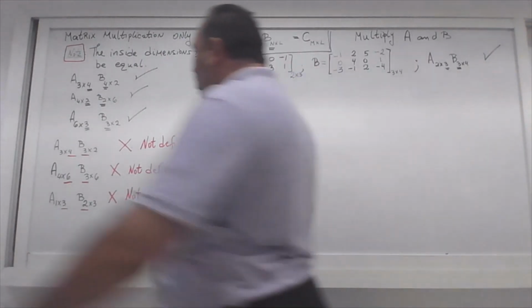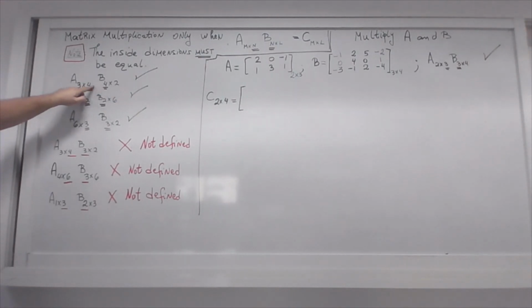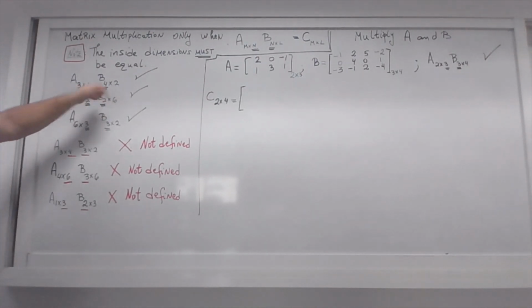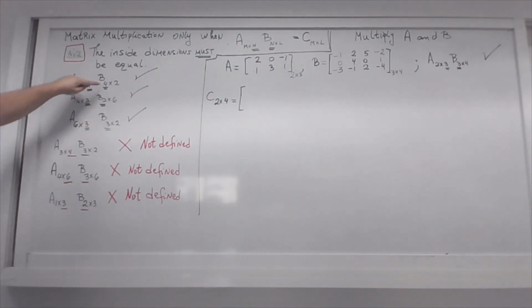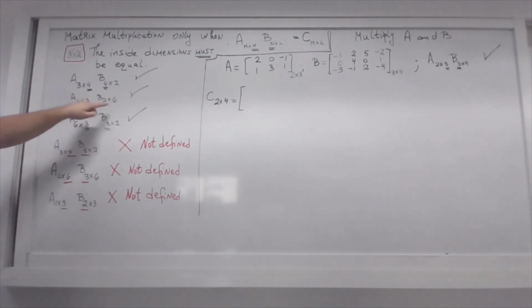And we will see how to compute it. I just want to make sure you really understand what's going on. I can make the product of two matrices if and only if the inside dimensions fit. They are the same. So here I have a 3 by 4 matrix times a 4 by 2 matrix. That's good because 4 and 4, the inside dimensions, are equal. 4 by 2 times another matrix 2 by 6. Good, because inside dimensions are the same, 2 and 2.